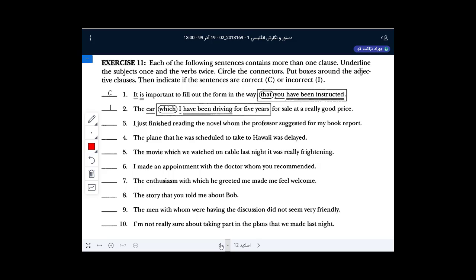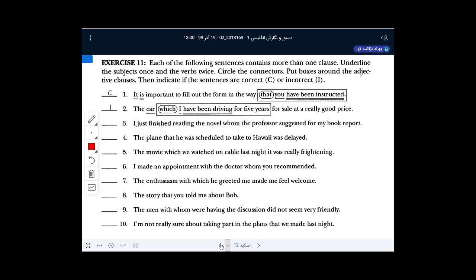Will you please continue reading this page and then we will ask the other students to continue. So again, go on. The men with whom we're having the discussion did not seem very friendly. It's incorrect because we're missing the subject for the verb. You remember when we have whom, immediately the clause initiates.